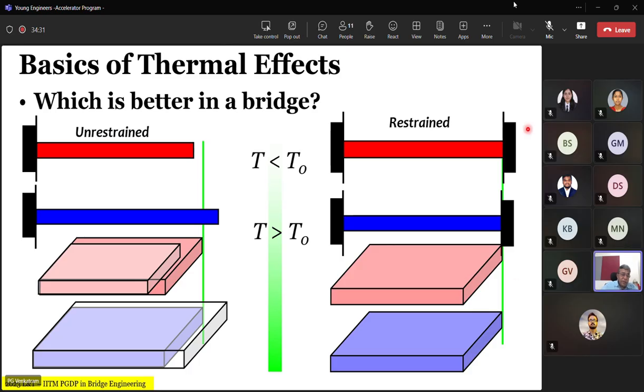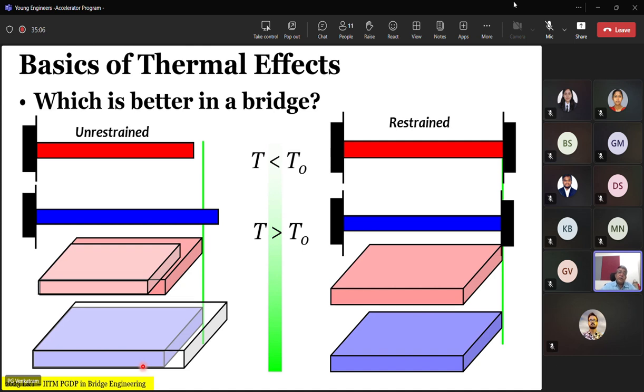Somebody do the calculation for me quickly. 25 meter span, 8 square meter cross sectional area, 25,000 MPa as modulus of elasticity, and 1 degree rise in temperature.